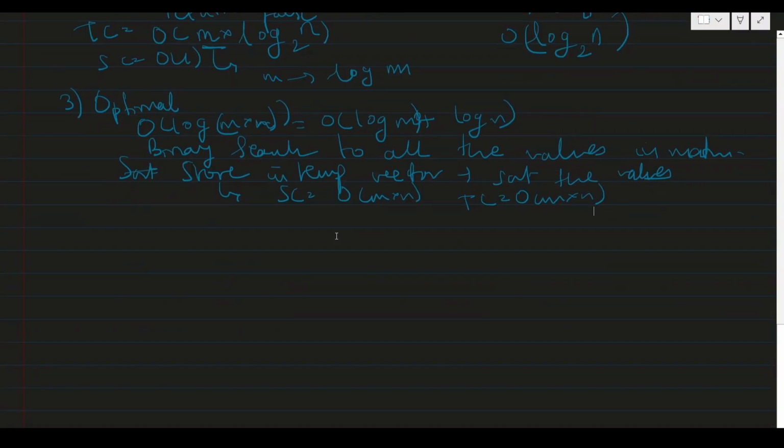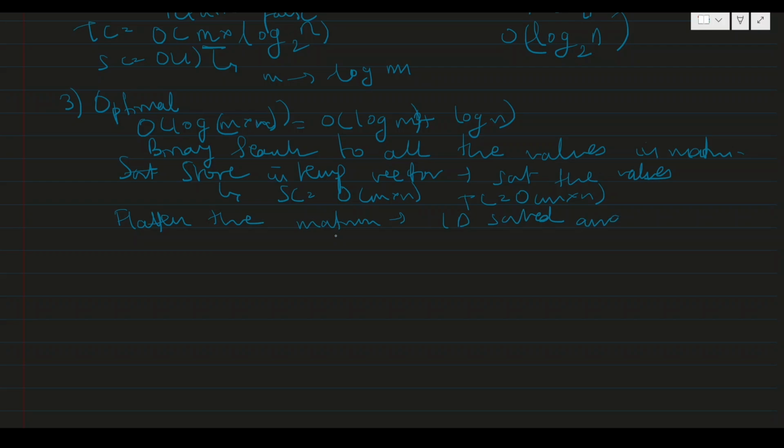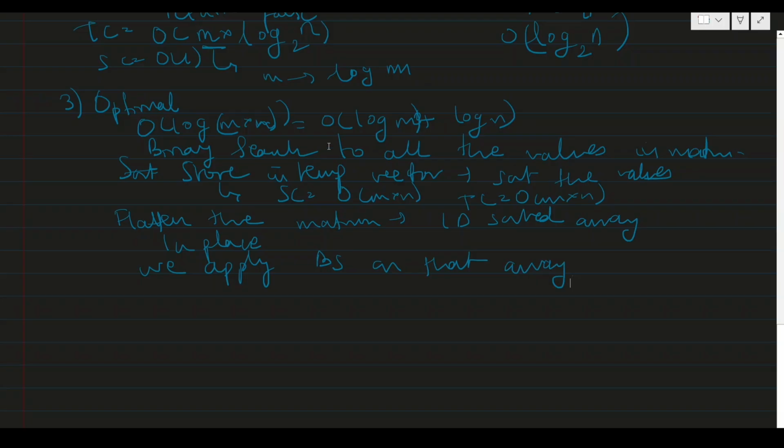So what if we find a way to flatten the matrix to a 1D sorted array, and that too in place, and then we just apply binary search on that array? Let's take an example.